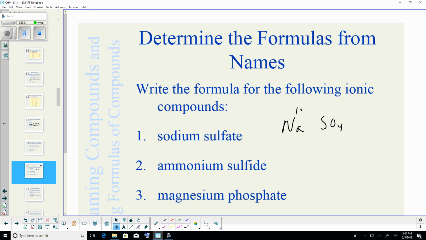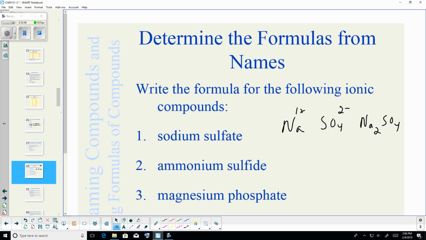So this is 1 plus, this is 2 minus. So the formula for sodium sulfate is Na2SO4. How do you get sulfate? That's a polyatomic ion. There's a table in your book. SO4 2 minus.